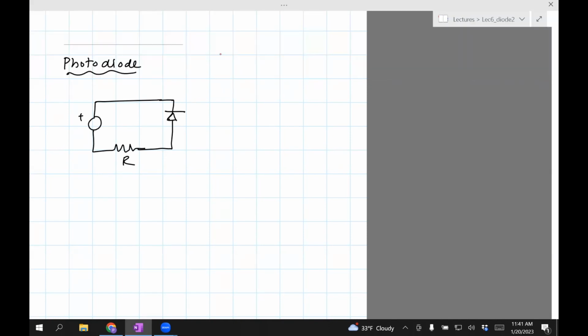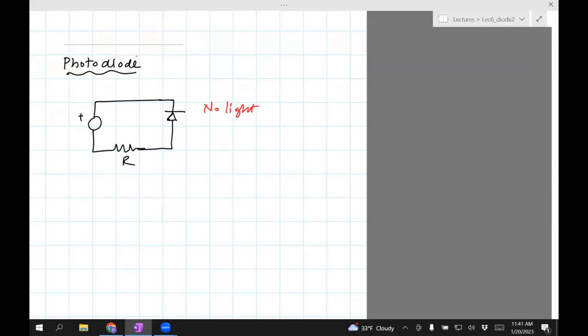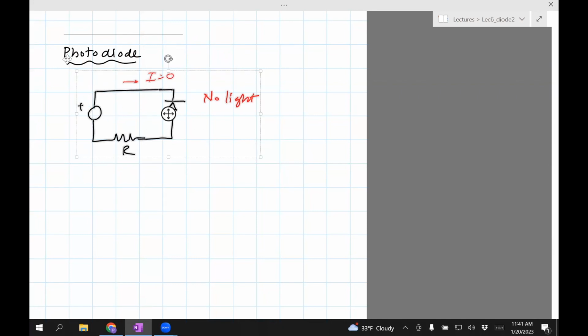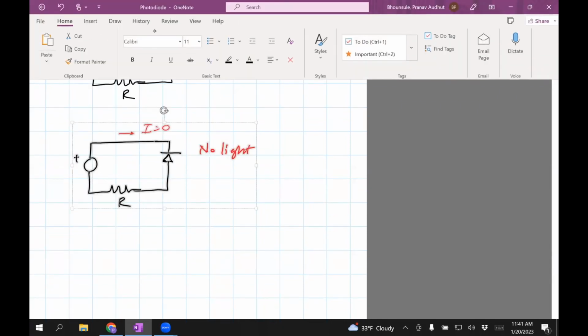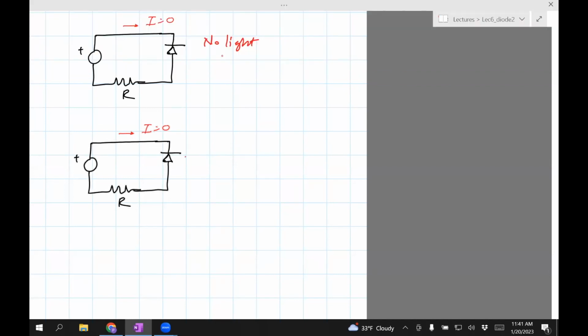Positive, so no light, the current is 0. And now what we can do is we can shine some light on this. So the light is falling on it. The current in this is greater than 0.